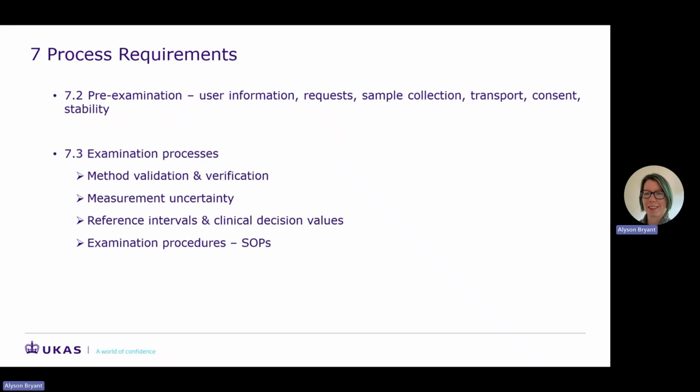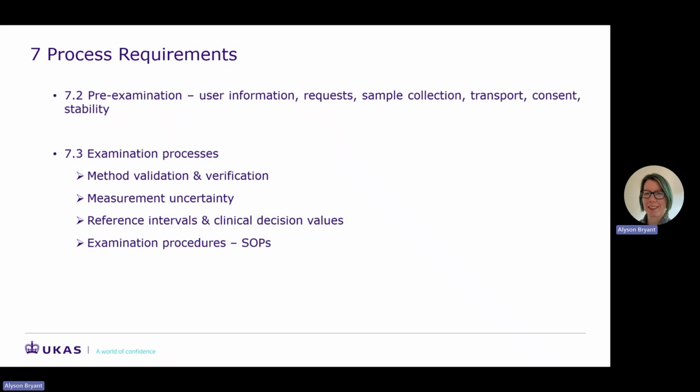Section 7 is a large part of the standard because this basically covers the testing process. So from pre-examination through to release of the results. In the pre-examination section, there are requirements relating to user information, sample collection, sample transport, test requesting, etc. In the examination processes section, we need assurance that methods used are appropriately validated or verified.